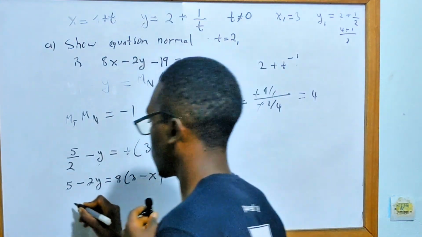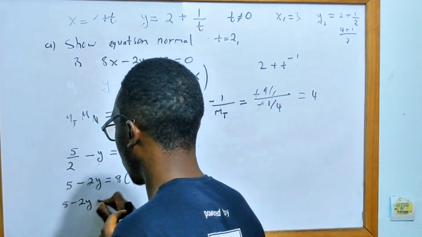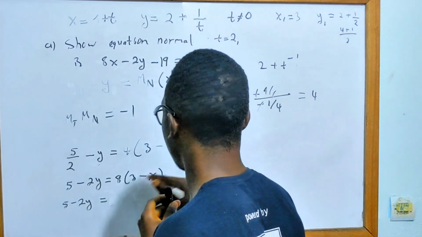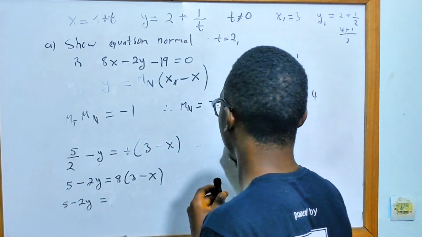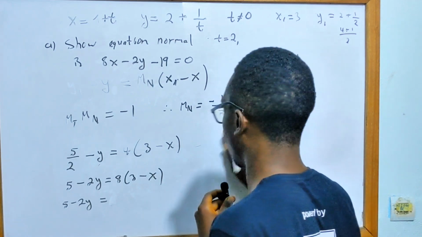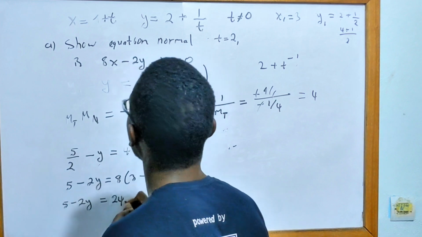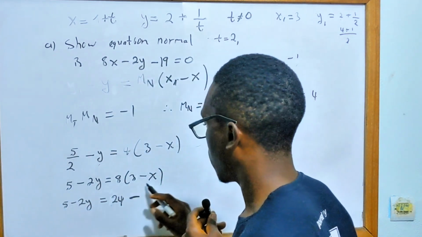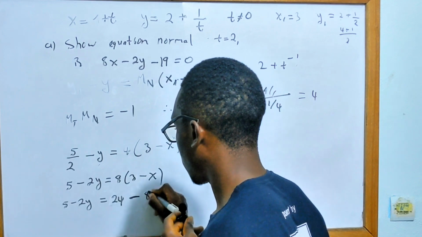Hence, you can rearrange it, bringing everything here. That is 5 minus 2y equals 8 times 3, which will be 24, minus 8x.